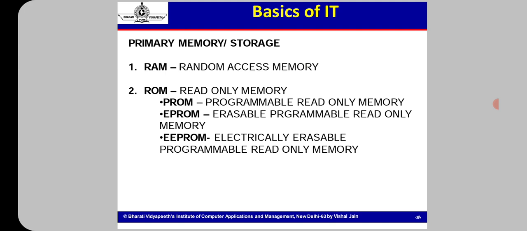EPROM is erasable programmable read-only memory, which means we can easily erase the previous contents of the memory and rewrite them. Similarly, the third type is EEPROM, electrically erasable programmable read-only memory.